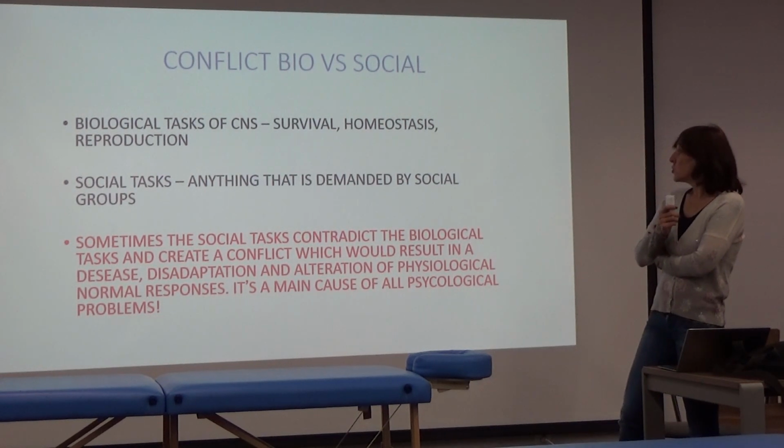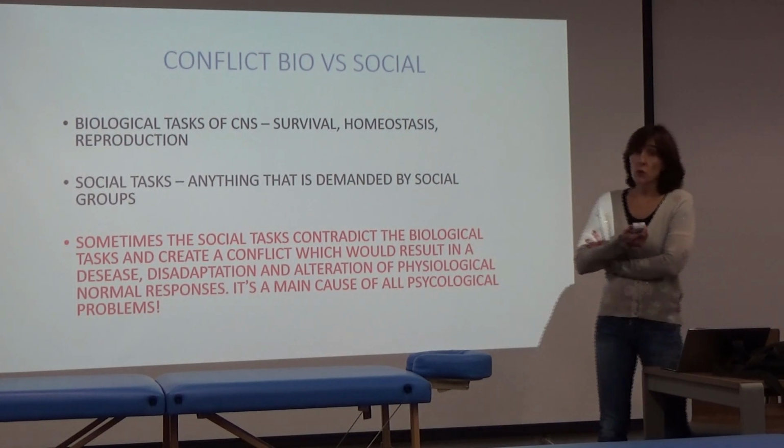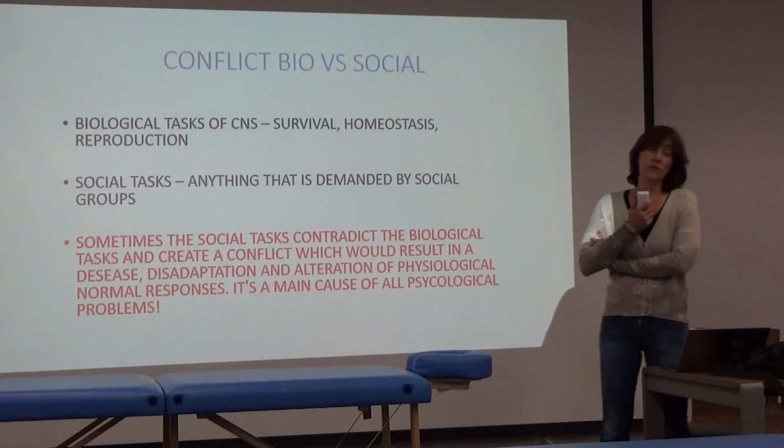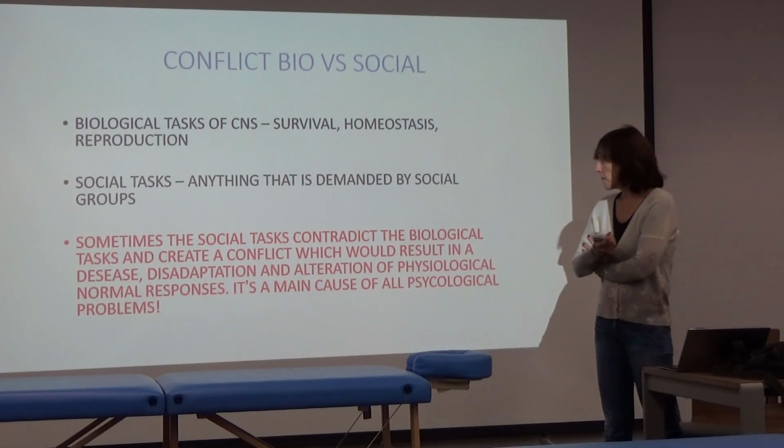And sometimes the social tasks in our social life contradict the biological task and create a conflict which would result in a disease, disadaptation, and an alteration of physiological normal responses. And that's the main cause of many physiological and psychological problems.